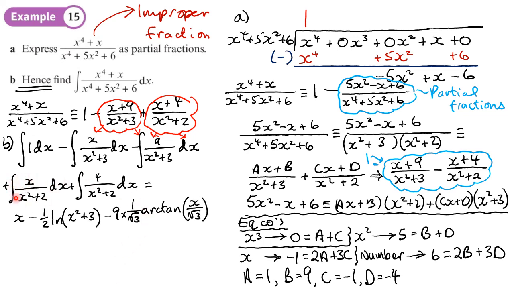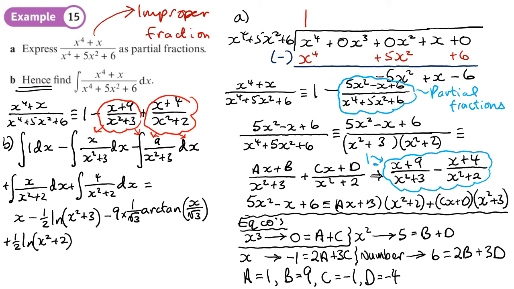Then this one here, again we would do log of the bottom, we'd want a 2x here, which means a half at the front there, so that's plus that one, isn't it? So that'll be plus a half log of x squared plus 2.